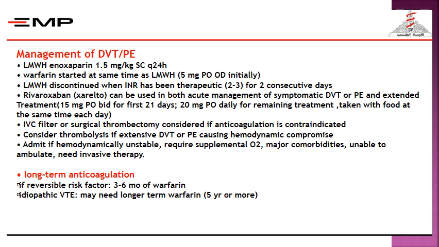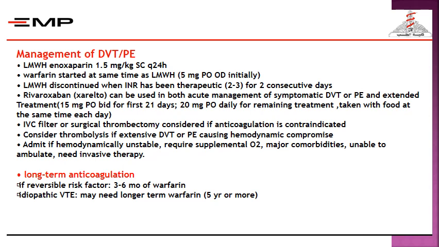Often we can treat patients with DVT as outpatients now in the presence of the oral anticoagulants. Admit patients with DVT if we are suspecting pulmonary embolism, or if the patient is hemodynamically unstable, needs oxygen, or if there are major comorbidities, or if the patient is unable to ambulate, or if he needs invasive therapy.